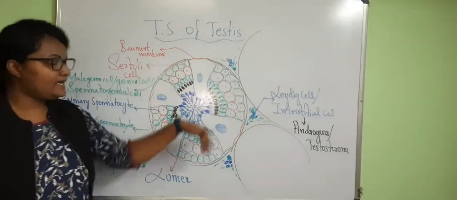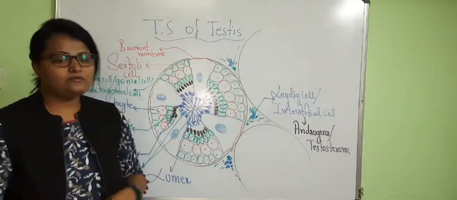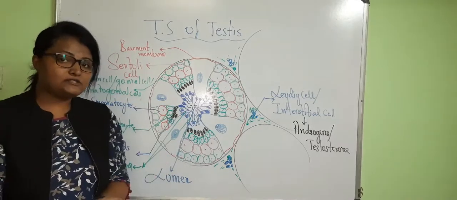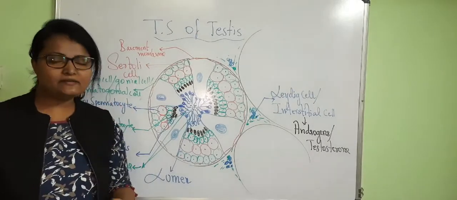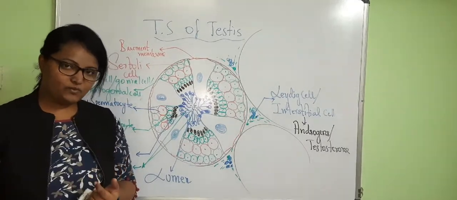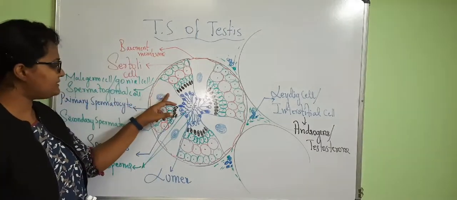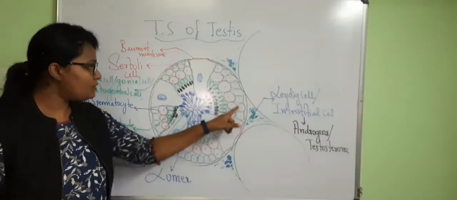Basically we can see the sections of seminiferous tubules, round shaped, where the outer layer is called basement membrane, or germinal epithelium sometimes. The inner side of the seminiferous tubules is lined by two kinds of cells. One is a nurse cell, another is spermatogonial cells.